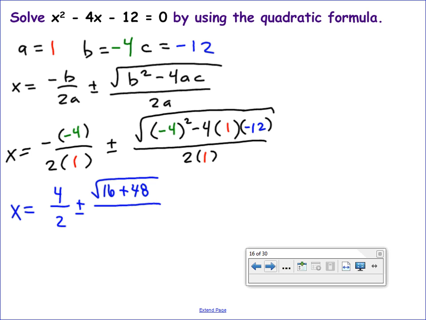Close radical, all over twice the value of a, which is 2 times 1, is 2. Now we'll go ahead and reduce. X equals 4 halves is the same as x equals 2, plus or minus, and let's jump inside the radical. Inside my radical, I'll have 16 plus 48, which is 64. Close radical, and that's all over 2.